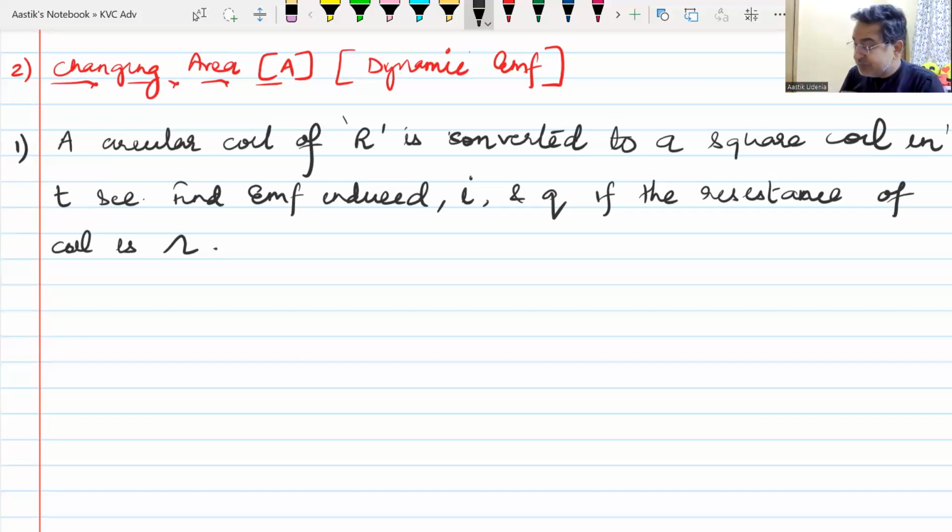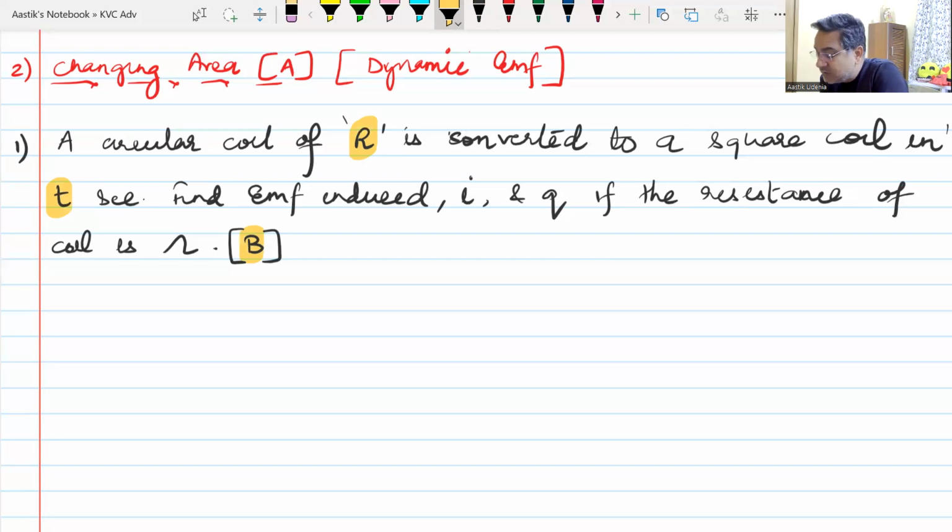Obviously, this has to be placed in a magnetic field, so the magnetic field is B. The value of the magnetic field is B. You know the magnetic field, the radius of the coil, and the time taken to convert the circular coil into a square coil. You have to find the current, charge, and EMF. The resistance of the coil is given as omega. Some people call it ohm.